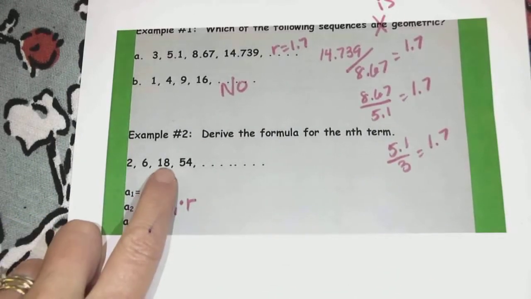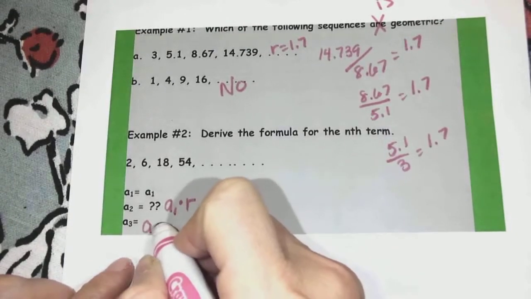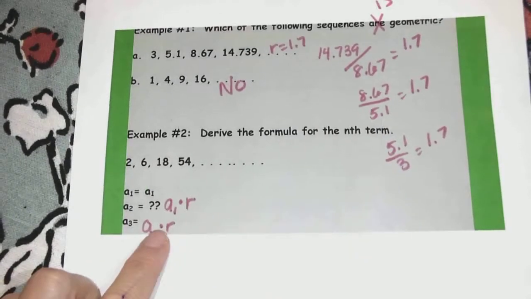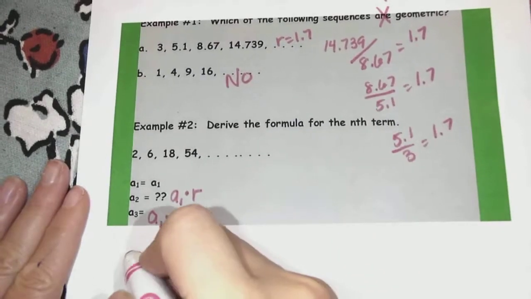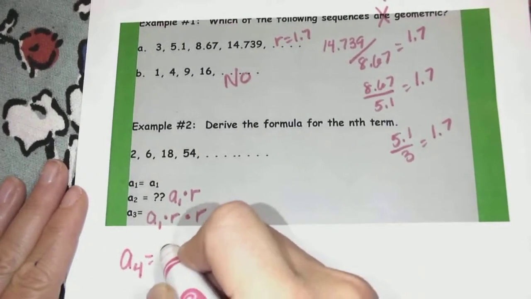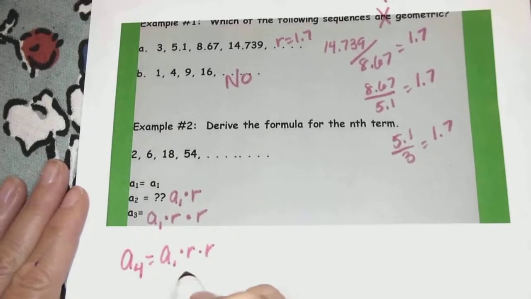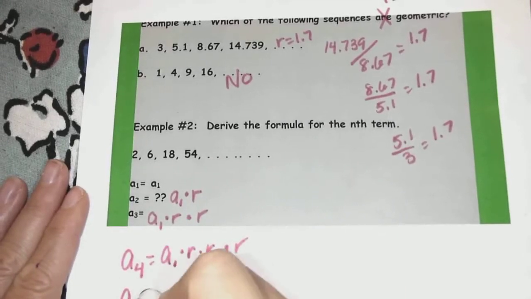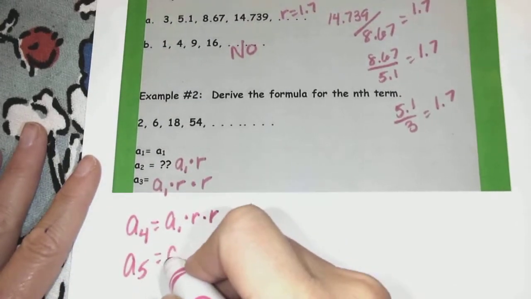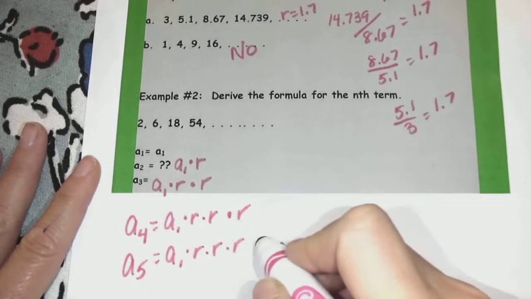To get my third term, I took my second term, which we said was a sub 1 times r, and multiplied it by another r. Then when I got my fourth term, I took what my third term was, which was this guy right here, and multiply it by another r.